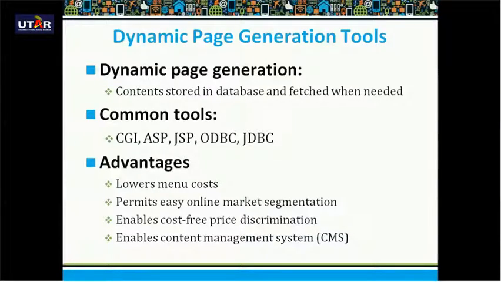They also have certain advantages. For example, they lower menu costs. Second, they permit easy market segmentation and enable cost-free price discrimination. And of course, it supports content management systems.